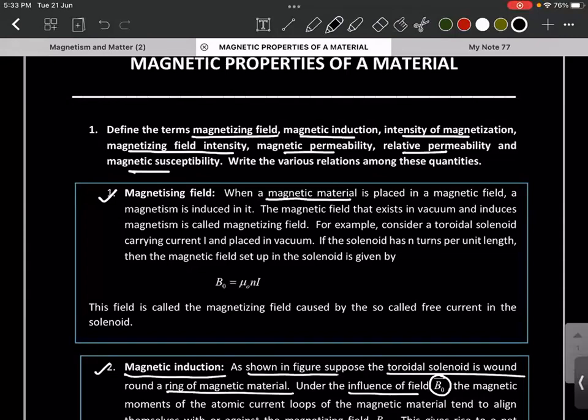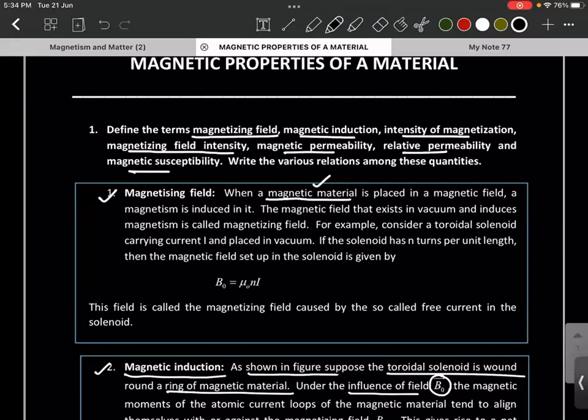So that is what we are trying to say. When a magnetic material, in this case the steel rod, is placed in the magnetic field, then some magnetism is induced in the steel rod. I hope it is clear till this point. We are able to understand that if a magnetic field is passed through a material, you can induce magnetism in it.